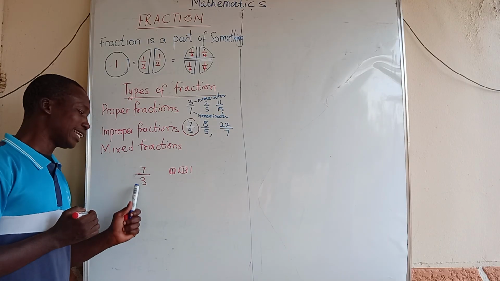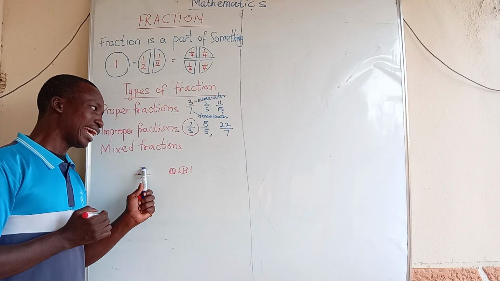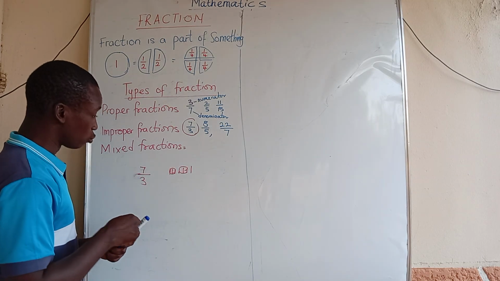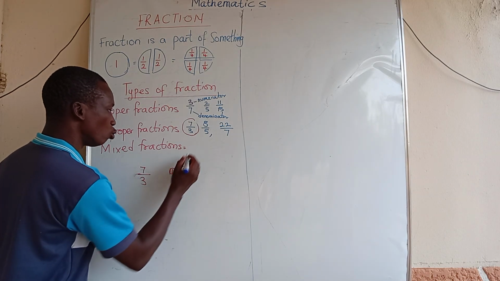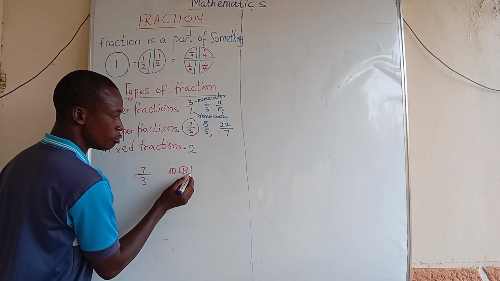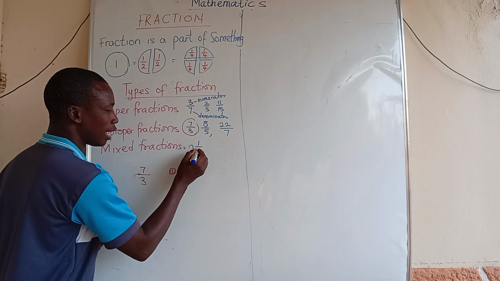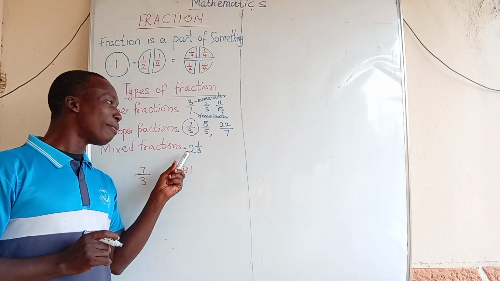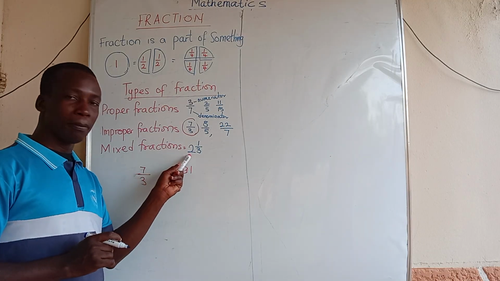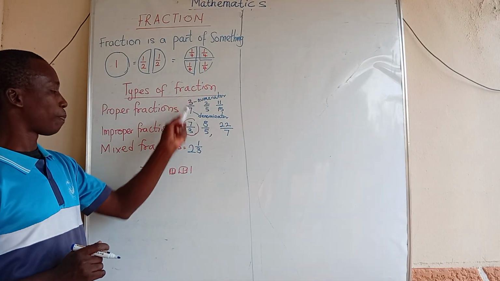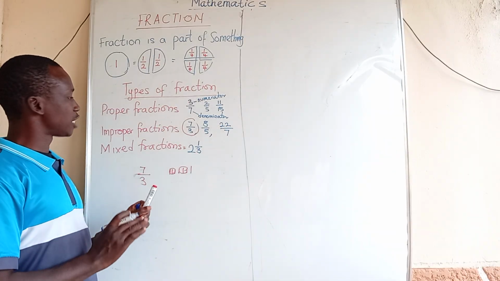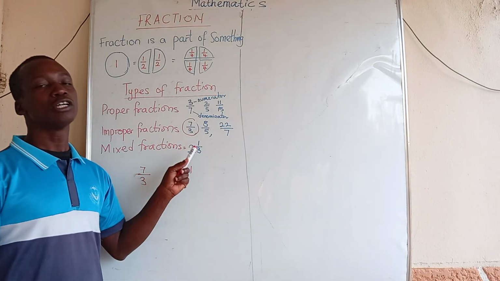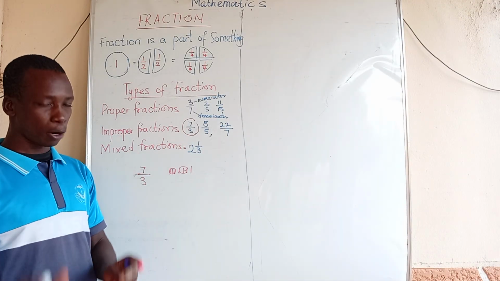So we discover that we can get 2 threes in 7. So what do we have as answer? We have 2 as a whole number, and what is remaining? 1 over 3. Now you see this fraction combining a whole number and a proper fraction. So we have successfully converted this improper fraction to a mixed number to make it proper.